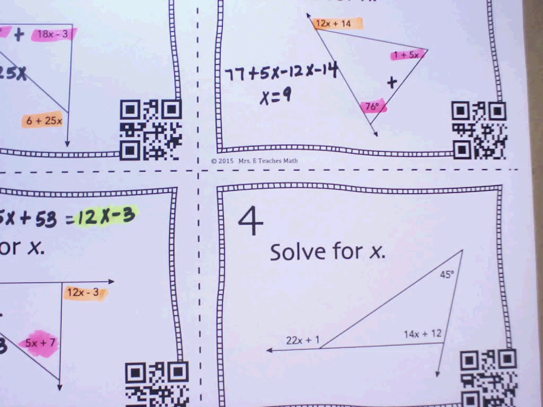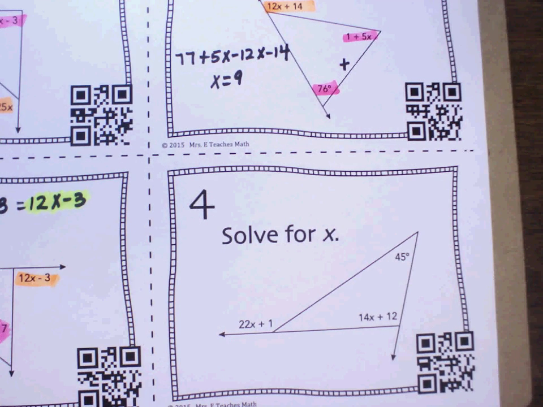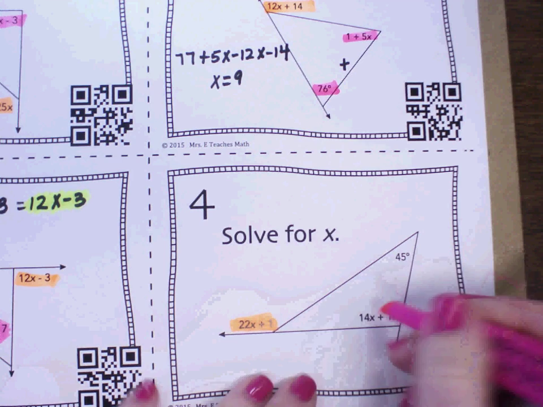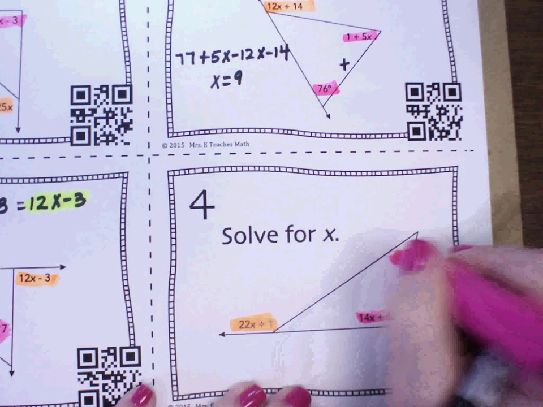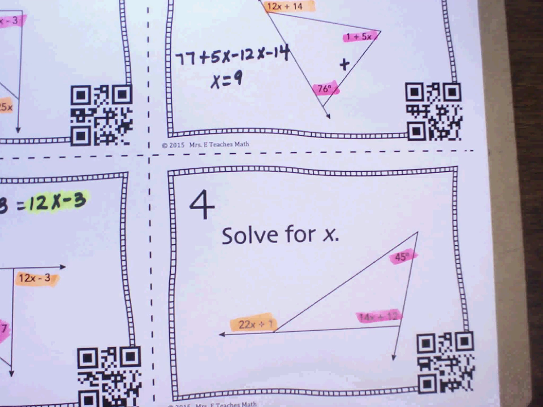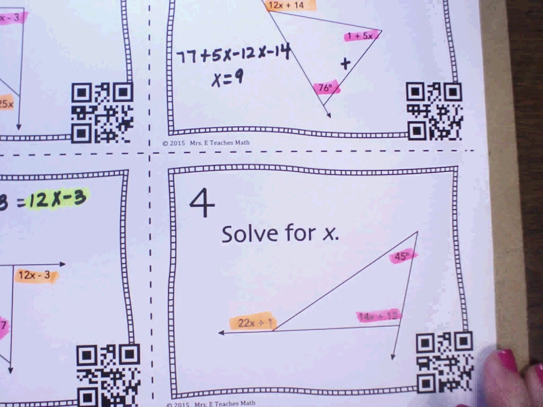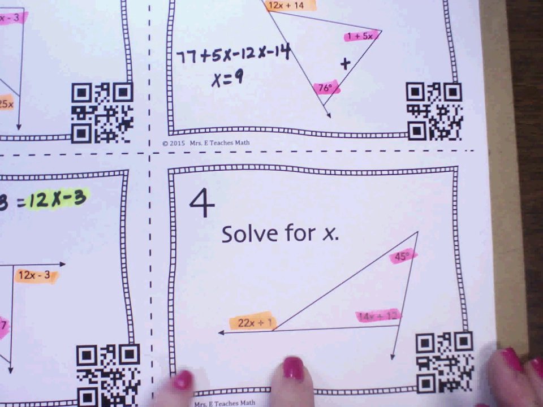Very good. All right. Herman, what's my first step? Very good. Outside, one color. Inside, same color, right? All right. Trinity, what's my next step? Let's set up the equation, right? And number 4.